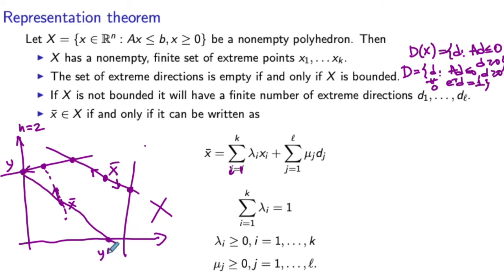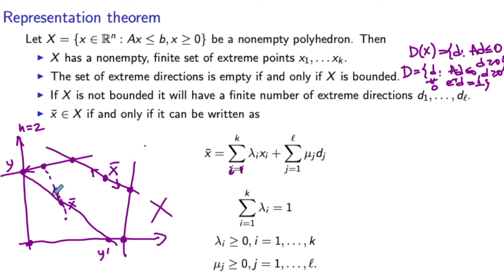And then for point y prime, now it belongs to one of the defining hyperplanes, and we can apply the same logic as we used for this x bar here to obtain 2 extreme points, this one and this one, for which y prime will be a convex combination of these 2 extreme points.